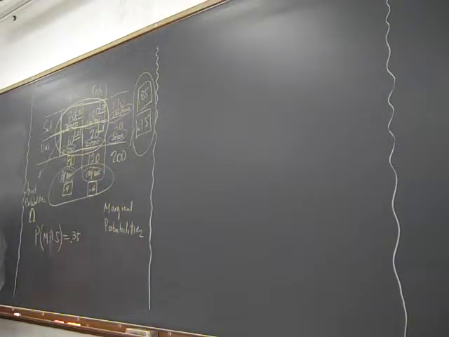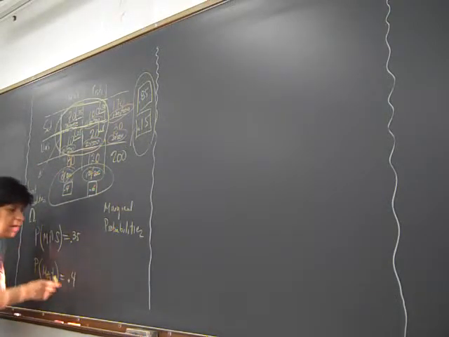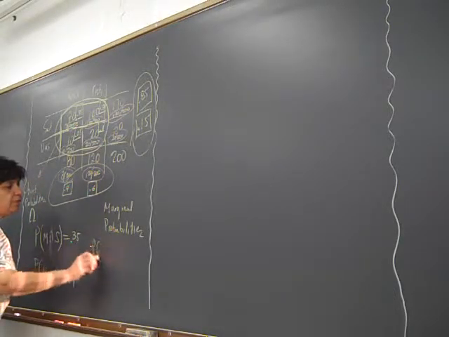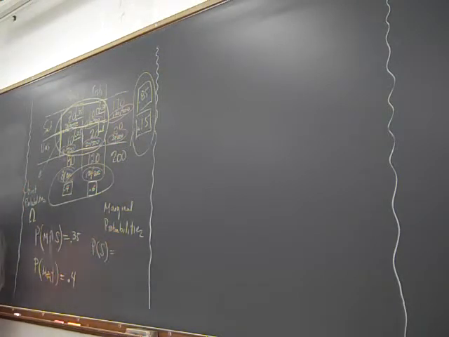Now the marginal probabilities. What is the probability that the person ate meat? How many ate meat? 80, right? So what is the probability? 0.4. The marginal probability is the probability that the person ate meat. What is the probability that the person was satisfied?